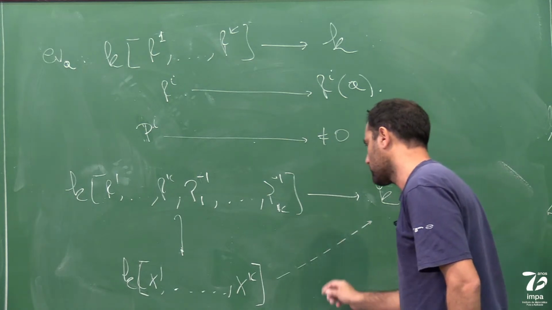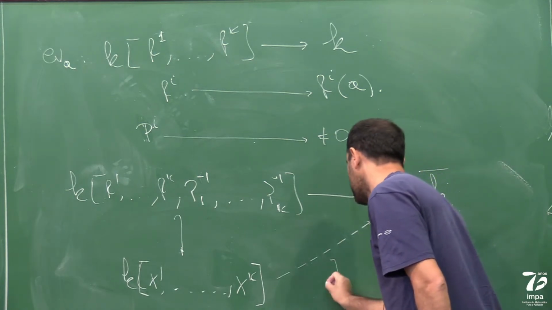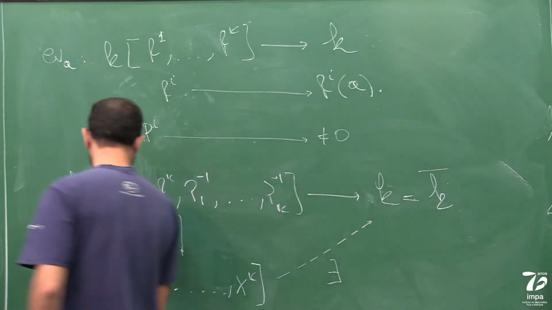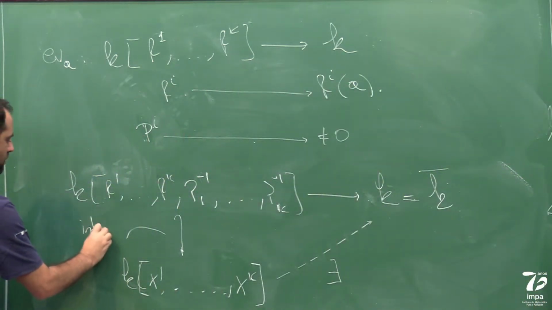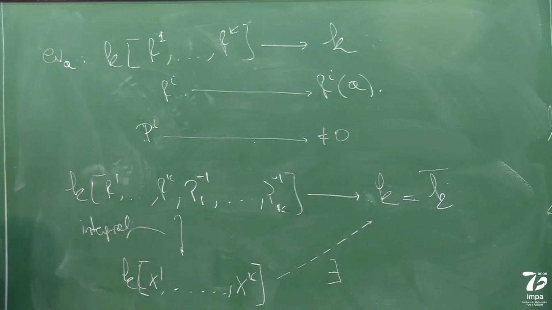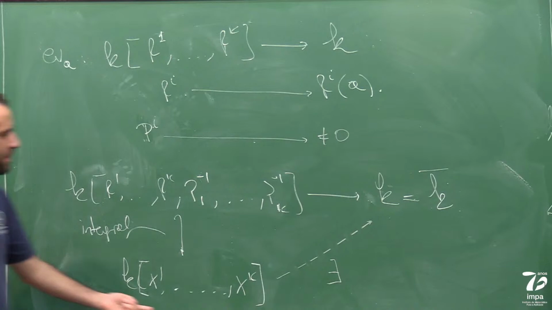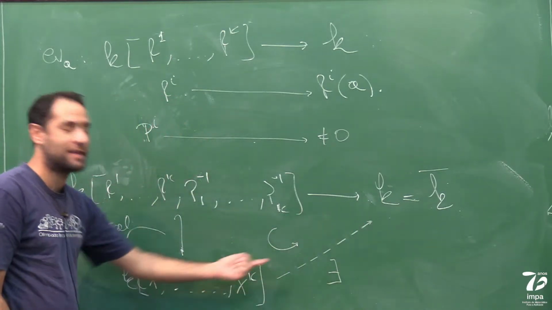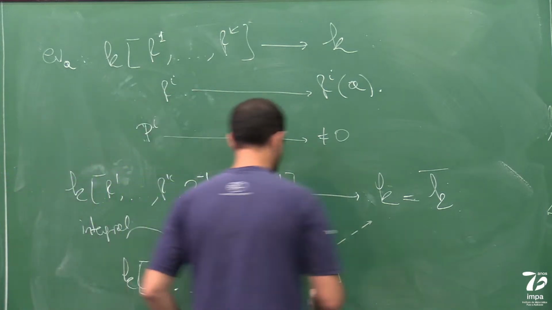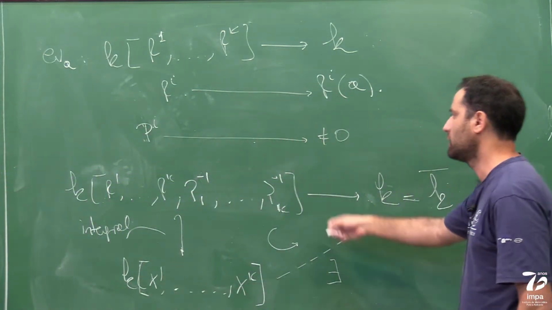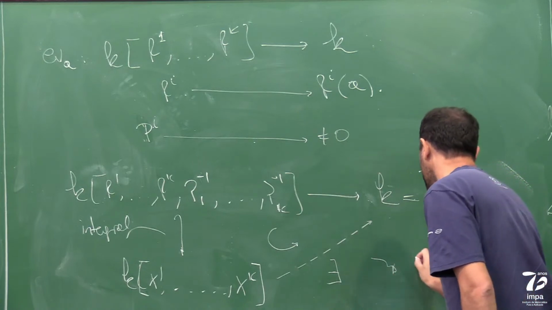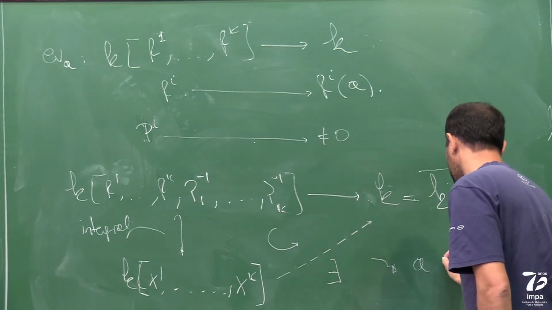That's an easy exercise in commutative algebra. This guy exists because this extension is integral. And once you've proven that this map exists, making this diagram commute, then you just evaluate this map at a, and you find out that this is just F of a. So out of this, you prove that a is in the image of F.